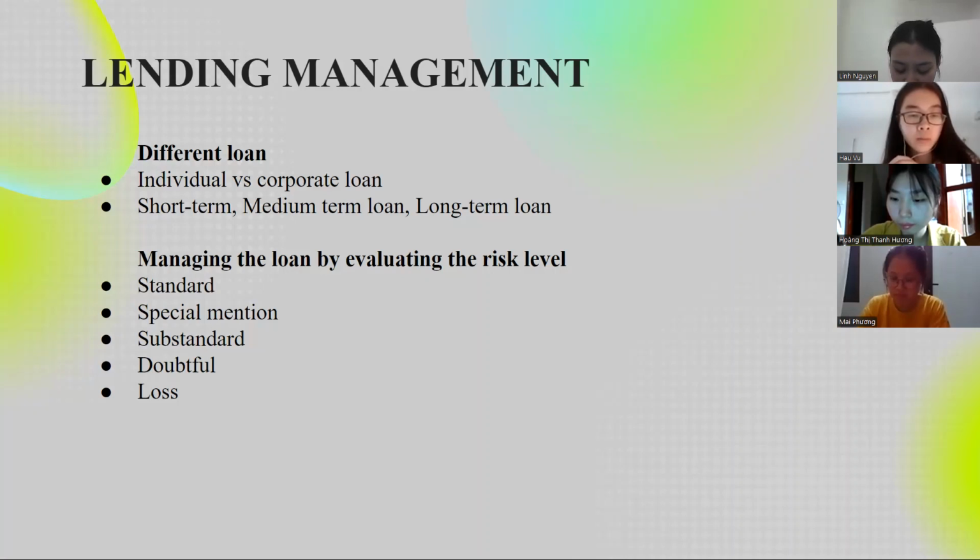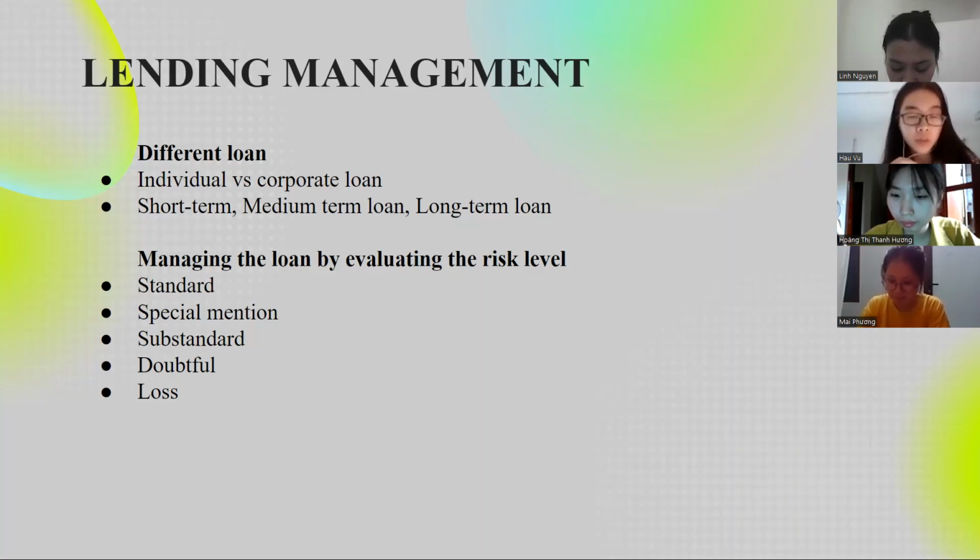When we classify loans into standard, special mention, substandard, doubtful, or loss, we assign each a provision rate. For example, a standard loan means the loan is repaid timely with principal and interest payments.